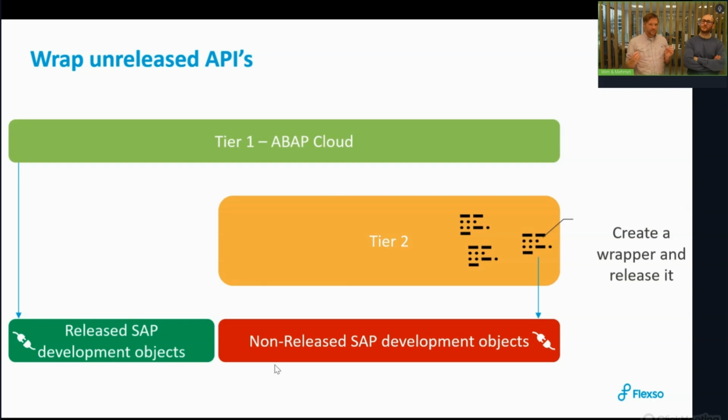You can build a wrapper in that tier, in standard ABAP, not in the cloud language. You build a wrapper, and then you have to release it. Once that wrapper is released, you can start using it from your ABAP Cloud packages. So the wrapper is a wrapper around a non-released sub-development object.